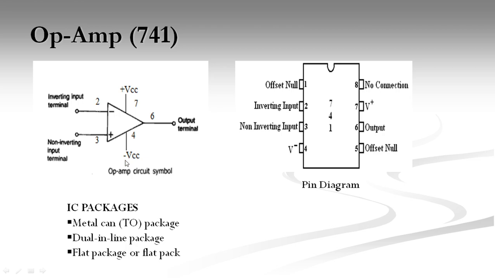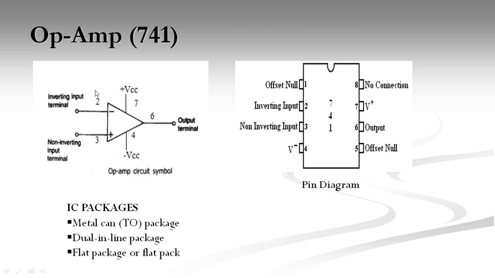The negative of the DC supply voltage will be connected to the fourth pin. These two supply voltages are connected to the op-amp to make the transistors in the op-amp operate in the active region. The diagram on the right side shows the pin diagram of the op-amp 741, an 8-pin IC. The first pin is an offset null pin.